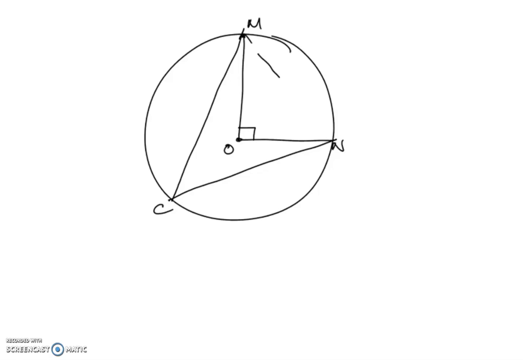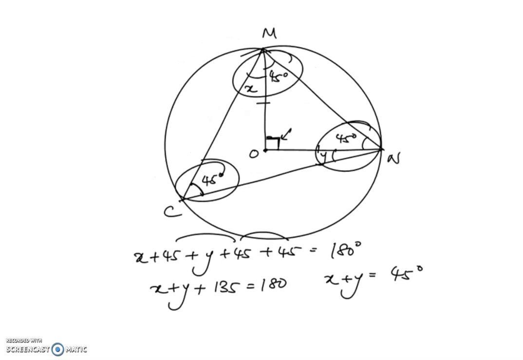We did connect this, and we found that that's 45. I don't really see any other method, because I do need to eventually link it to that angle. So I think this is probably the best way to do this problem.